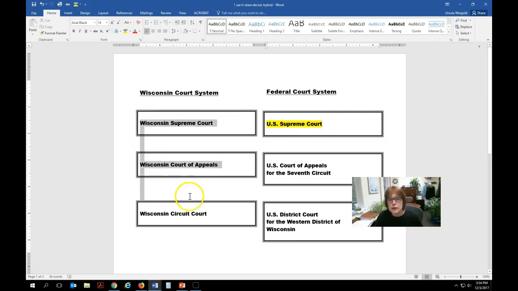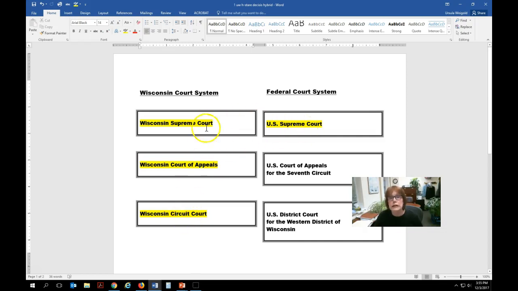And then similarly, once again, to what we just talked about, the Wisconsin Circuit Court would still be bound by the courts in its own chain of appeal. Therefore, it would have to follow the Wisconsin Supreme Court if it had interpreted that federal question, as well as the Wisconsin Court of Appeals.